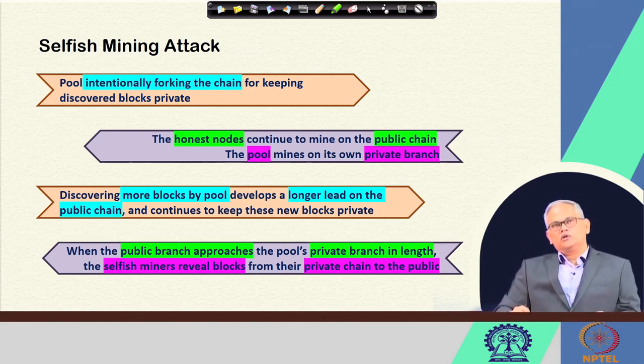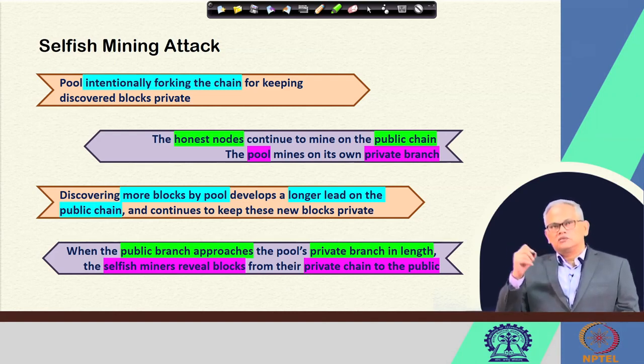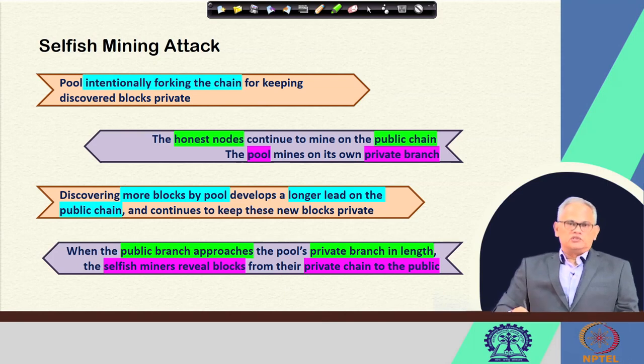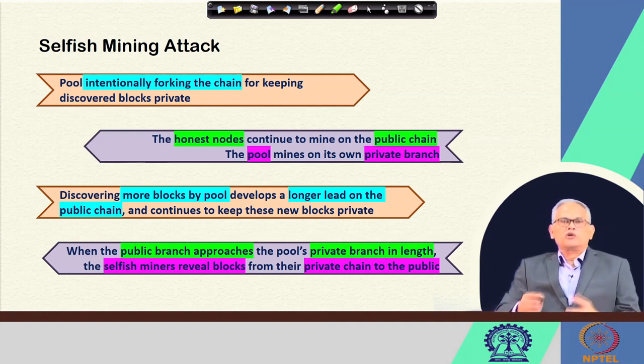Now, why would these people be doing this, and what are the assumptions in it? First of all, remember that even though they are selfish miners, we of course do not assume that they have more than 50% computing power, because if they did, they would not need to do all these things. That would be part of the 51% mining attack that we talked about.